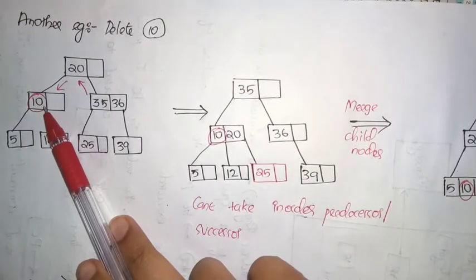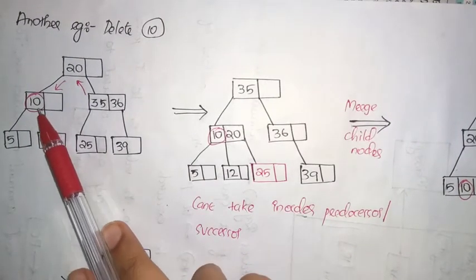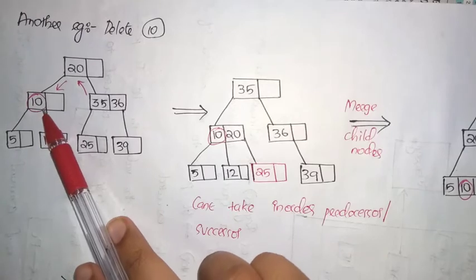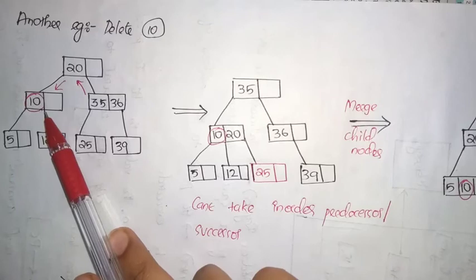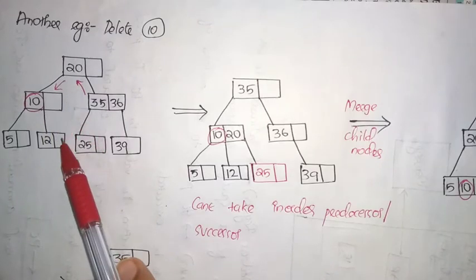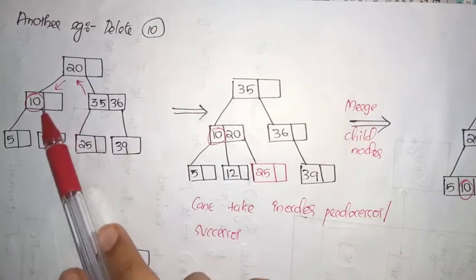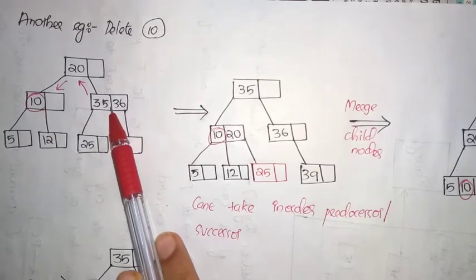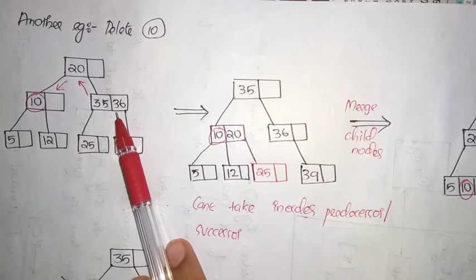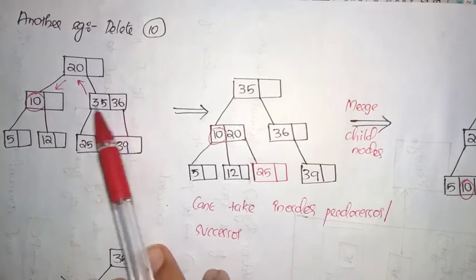Now 10, we cannot delete this 10 directly because it will shrink the height of the tree. So what this node will do is that this node will ask its sibling for a key. Sibling, what will this sibling do?